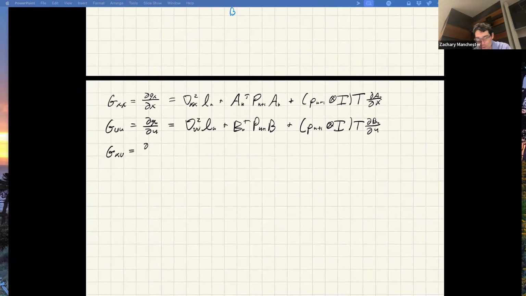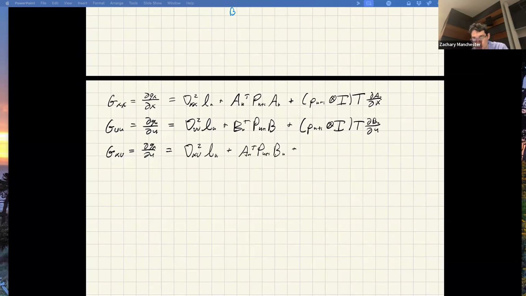Okay, so I'll do it this way. Partial of g sub x with respect to u. You'll get the same answer either way. So this is now the del_xu of the one-step cost. And then A transpose P_{k+1} B, or A_k B_k.